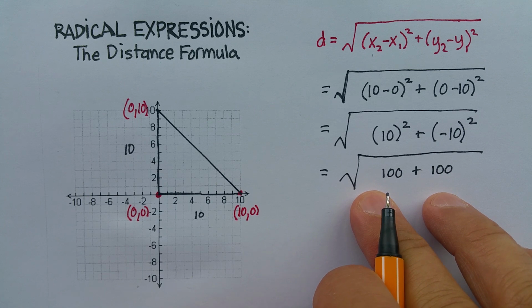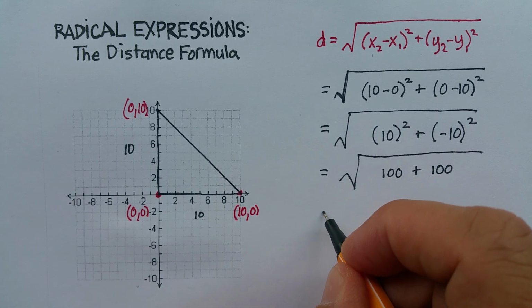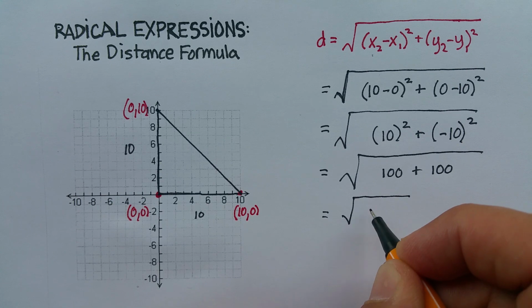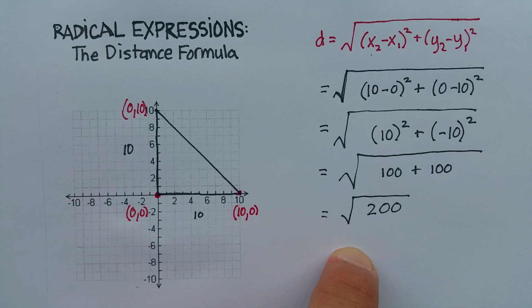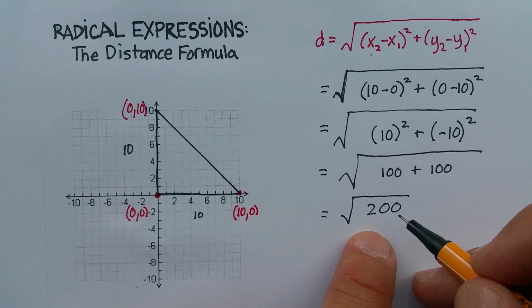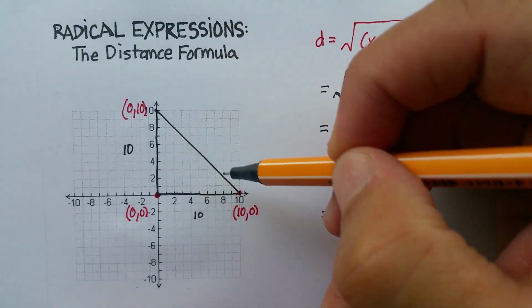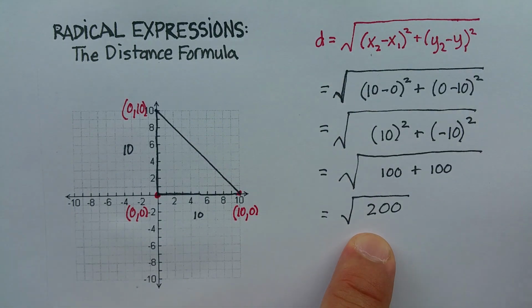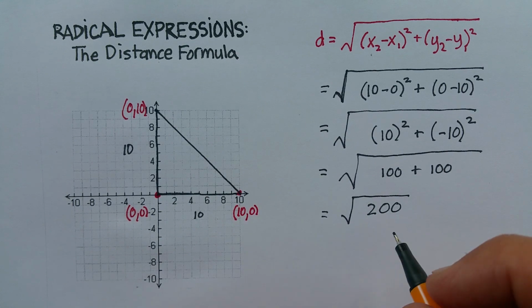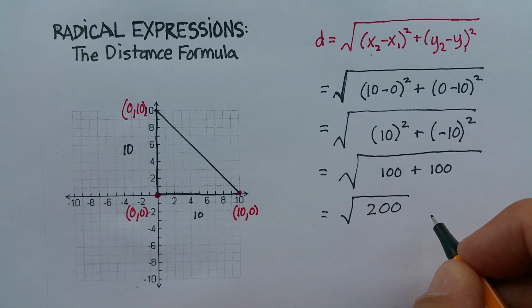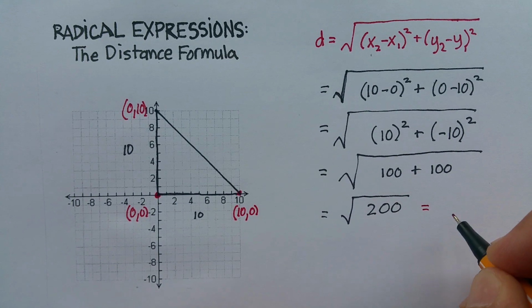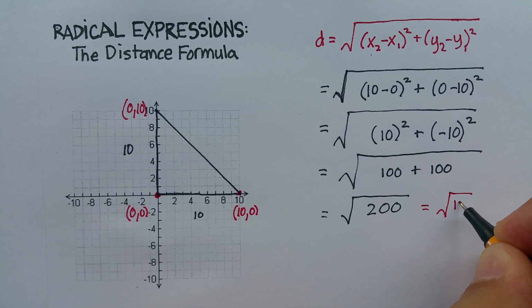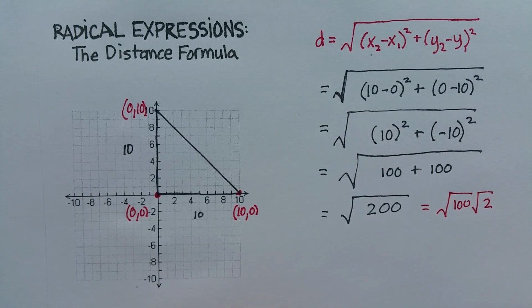Now I can go to the additions and subtractions. Here we have an addition. Square root of 200, and we know from our radicals that we could do one of two things. We could just put this into our calculators and see what that actual distance is, or we can change it to the radical form. I can reduce this: it would be the square root of 100 times the square root of 2.